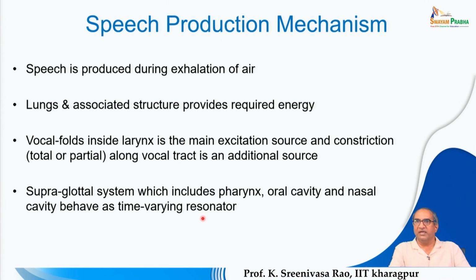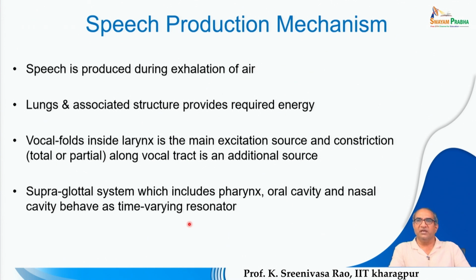As I mentioned in the example, when you excite a tube with a tuning fork, the output sound depends upon the characteristics of the tuning fork, as well as the structure of the tube, the diameter or the length of the tube and so on. The same way, we can view the vocal tract system as a resonator, and the excitation obtained either by the vocal folds or by the constriction at different places in the articulation is viewed as excitation.